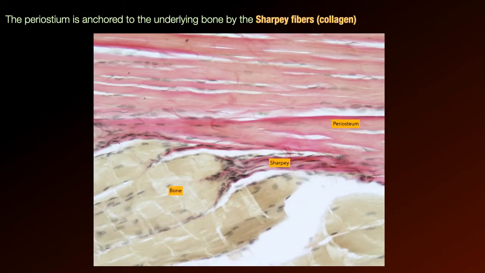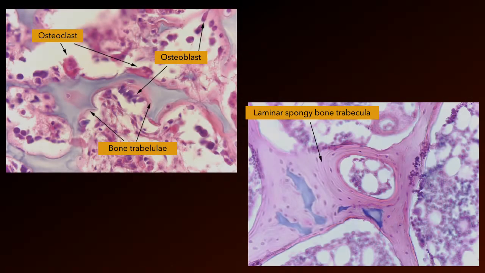The periosteum is firmly attached to the bone by a special collagen fiber that we know as Sharpey's fibers, and you can see them in this image, how they attach the periosteum to the bone. In the left image, you can see some osteoclasts which result from several monocytes merging together.